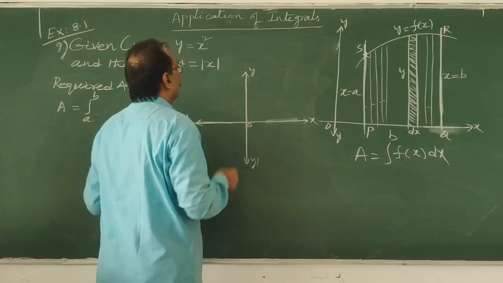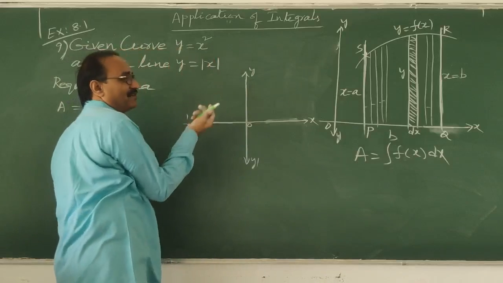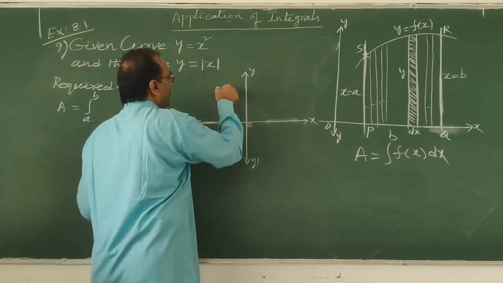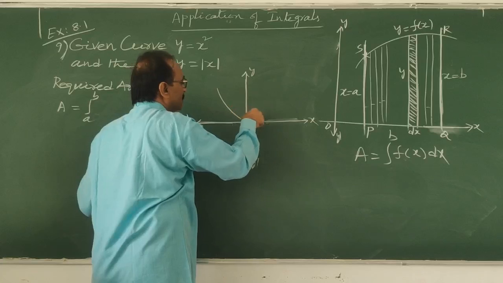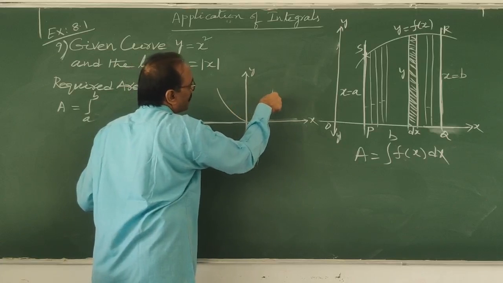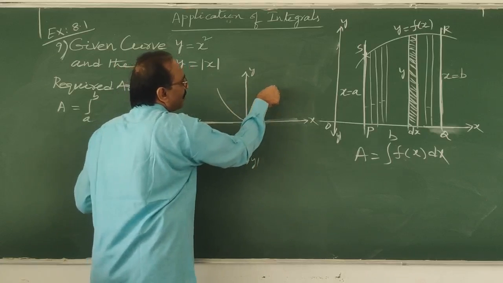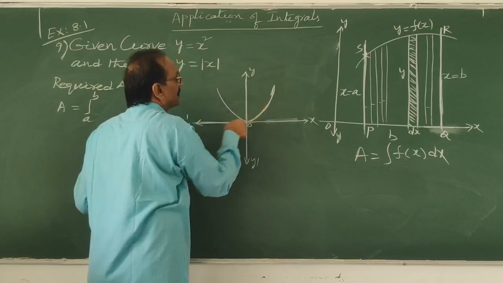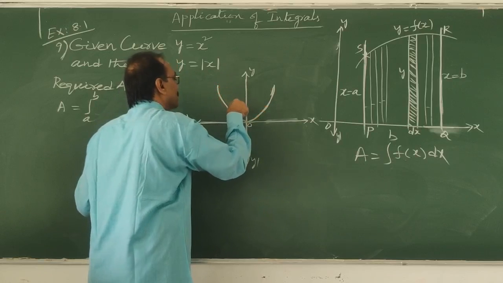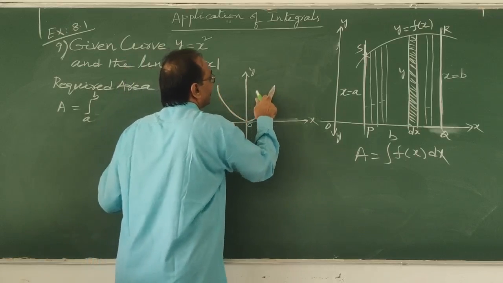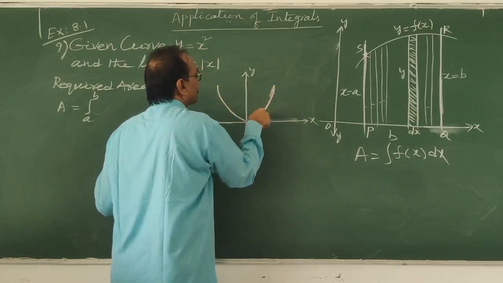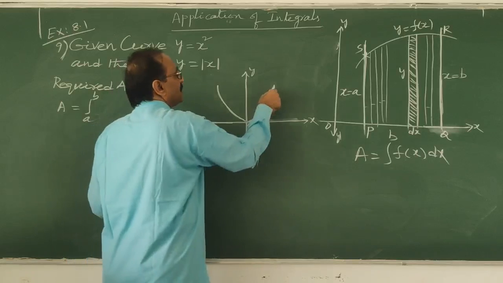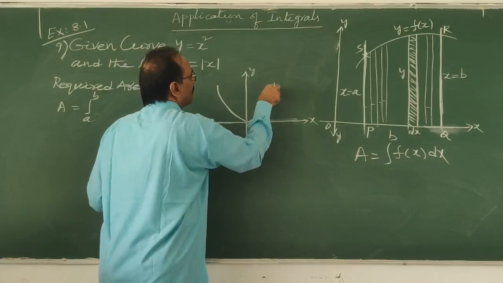Now y is equal to x square, or x square is equal to 4ay. I know that x square is equal to 4ay is symmetrical to the y axis, and y square is equal to 4x is symmetrical to the x axis. This we already learned.